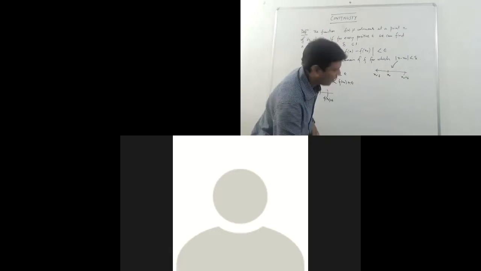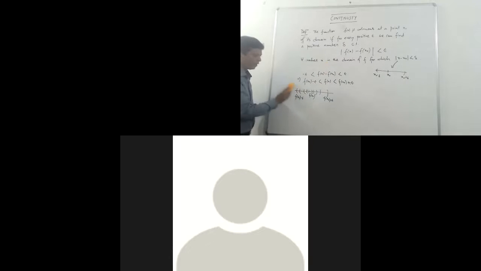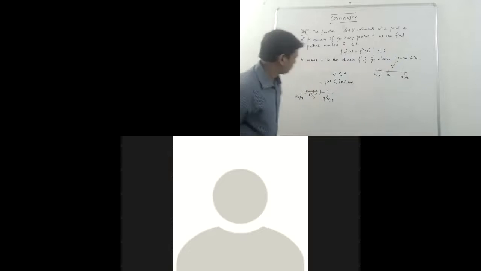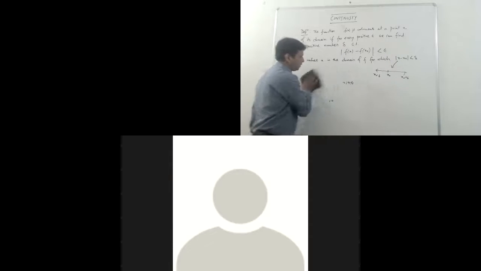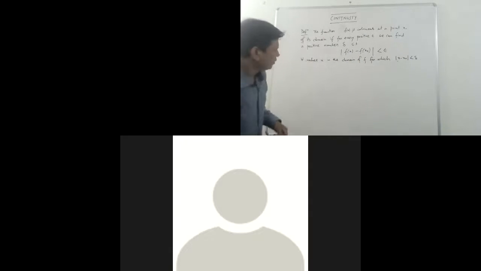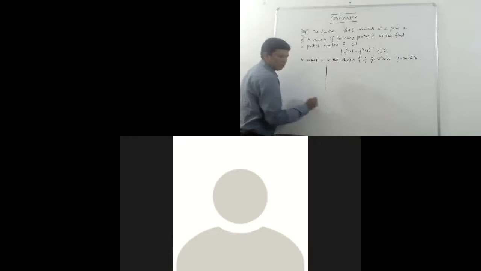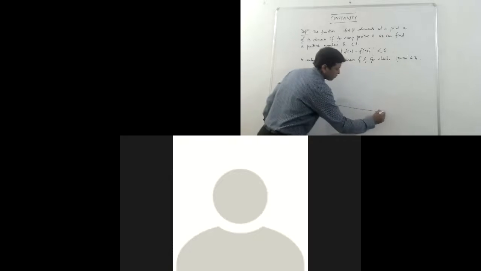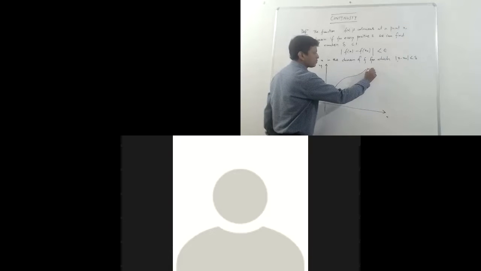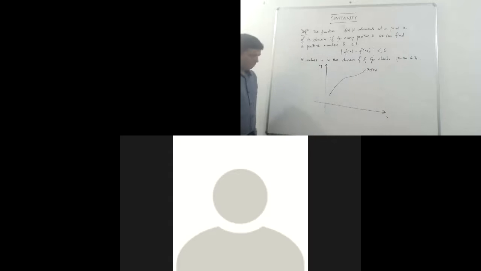Now I will show you in the graph how this is happening geometrically. I will draw the axes, this is x, this is y, and this is the graph of the function.